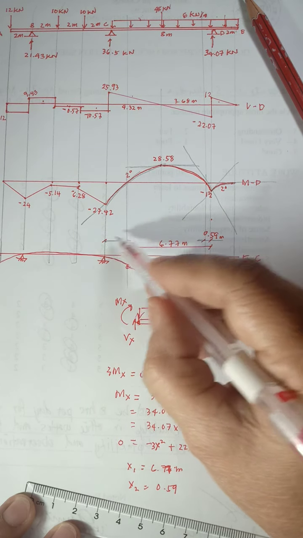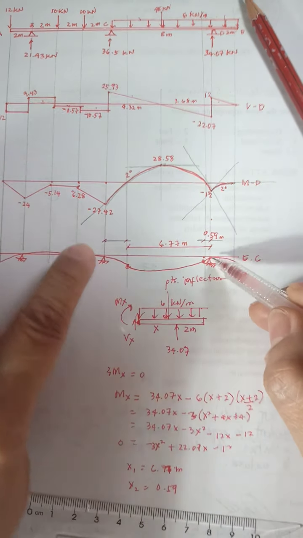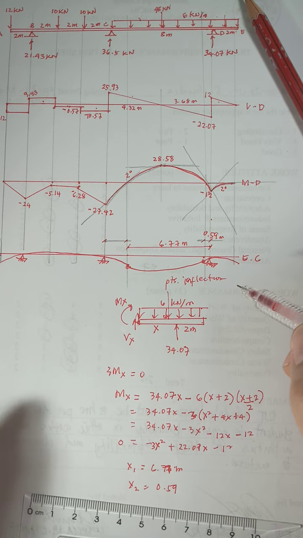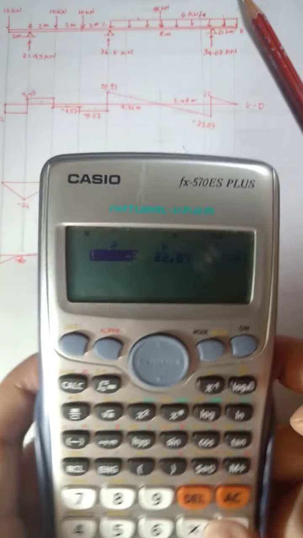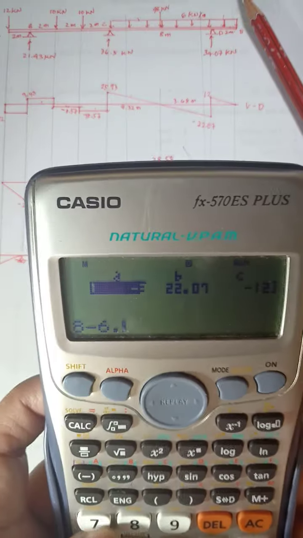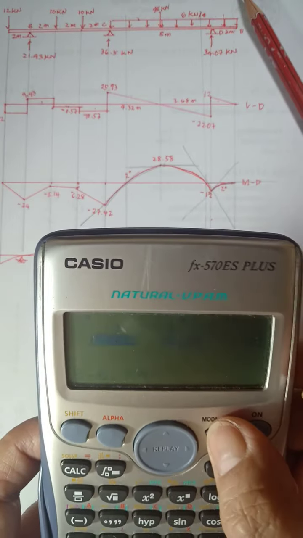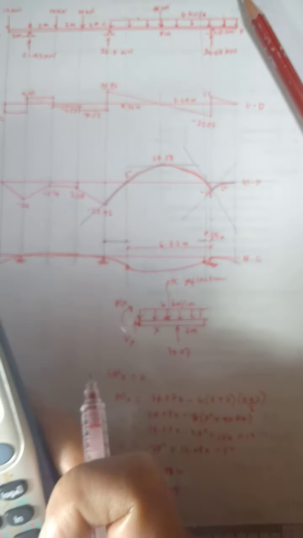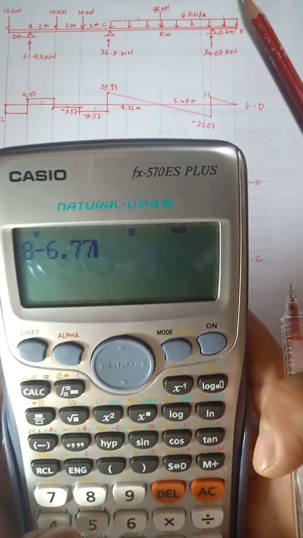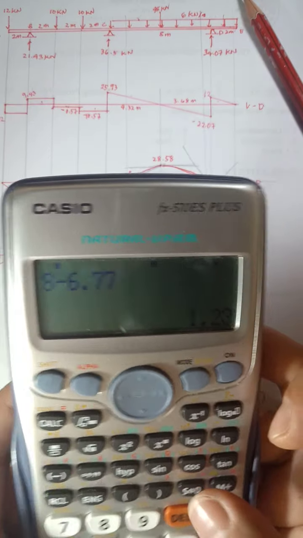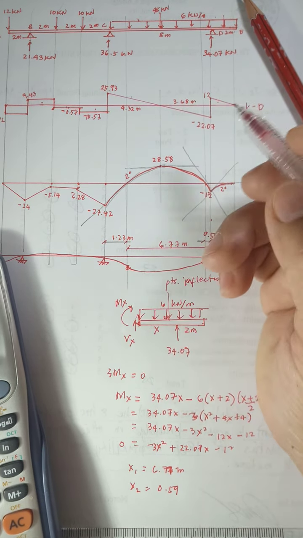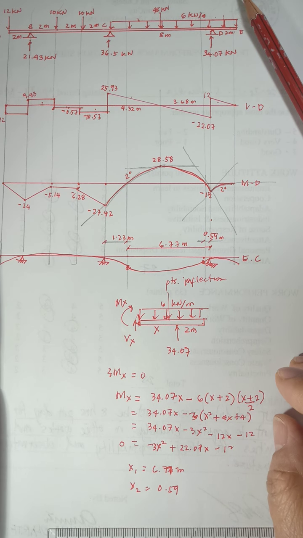So this distance to here is 8 minus 6.77, change the mode, so 8 minus 6.77 is 1.23. Okay, so those are the locations of your points of inflection.